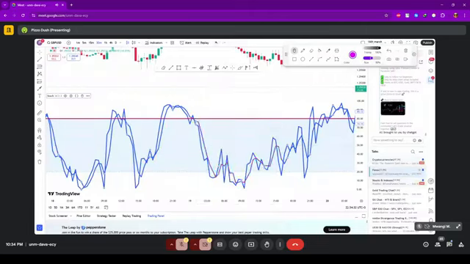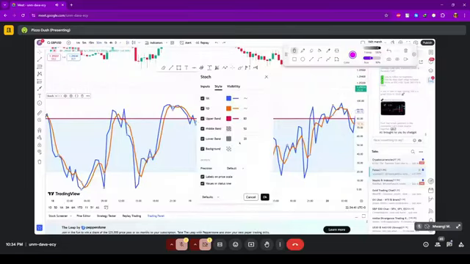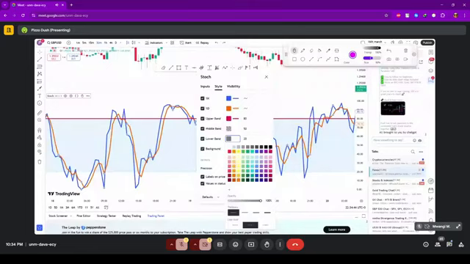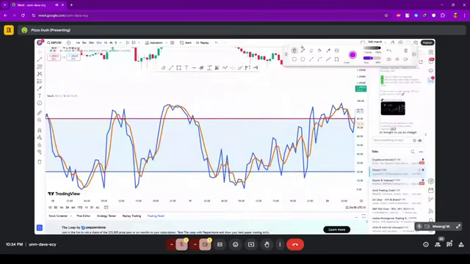Nimebadilisha color. So yeah, 80 nime highlight, acha ni highlight ya 20, not 70. Niweke blue, then is quite dotted hivyo. So obviously tunajua when the market is on level 20 tunafaa kutafuta buy position. When the market is on level 80 tunafaa kutafuta sell position.